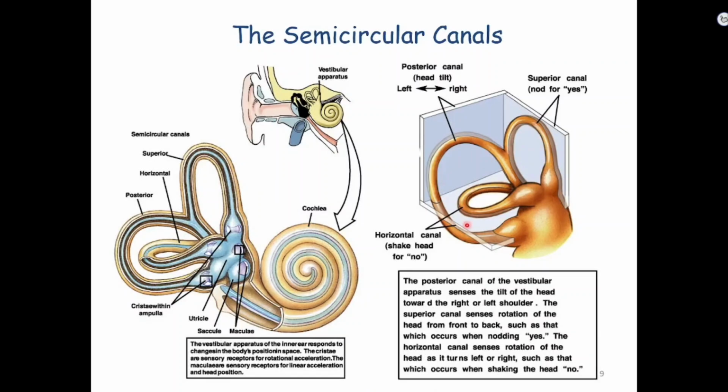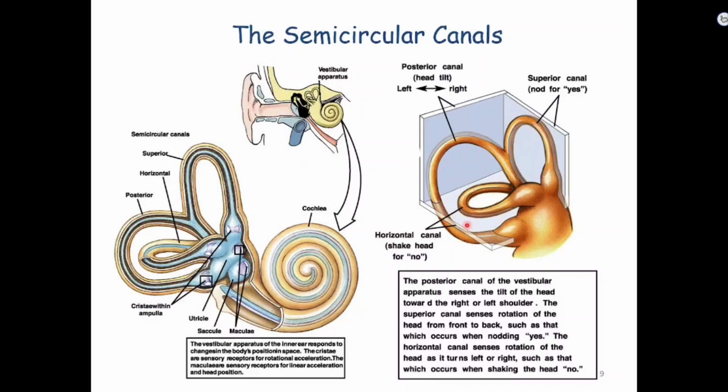The anterior, or superior, semicircular canal, if you see the petrous temporal bone, is like this. If I make a sagittal plane, it is going to be like this. This is my sagittal plane.